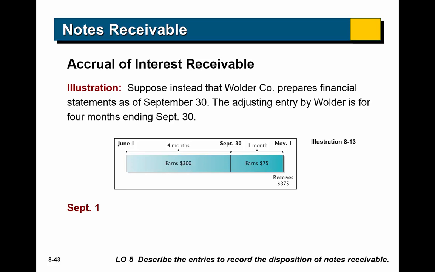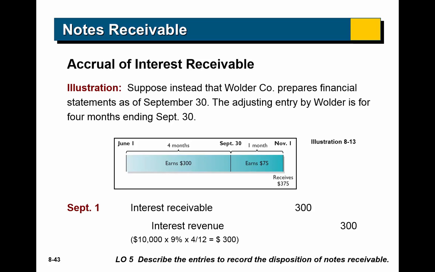They have to do an adjusting entry to recognize that they've earned months of that interest as of that date, September 30th. So they would record interest receivable of $300 and interest revenue of $300. I'm sorry, 4 months, 4/12. So $10,000 times 9% times 4 out of 12 equals $300.